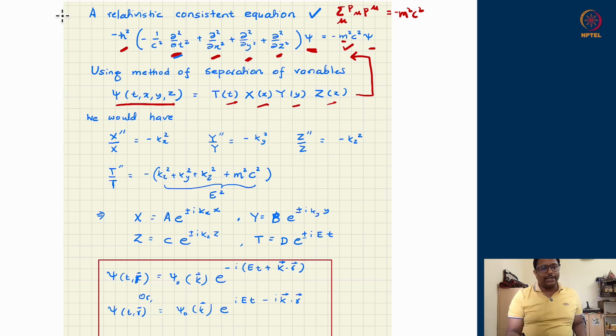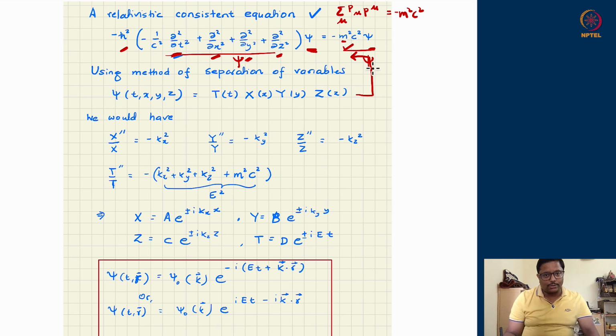So once I feed this psi into the differential equation, and the double derivatives have acted, I can divide both sides by the wave function psi itself. The right hand side will become a constant, which is minus m square c square.